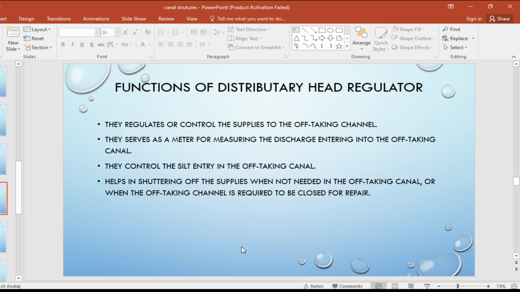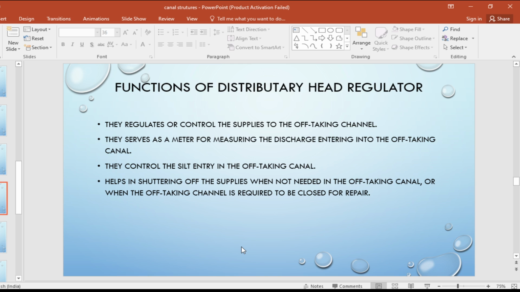Okay, as it is a regulator, it can help in closing of the whole water which enters into the off-taking canal when the irrigation water is not needed in downstream, or when there is repair or maintenance work, then we can close or shut down all the water which is entering into the off-taking canal. Okay, so head regulators and cross regulators are very much of importance in the canal structures.